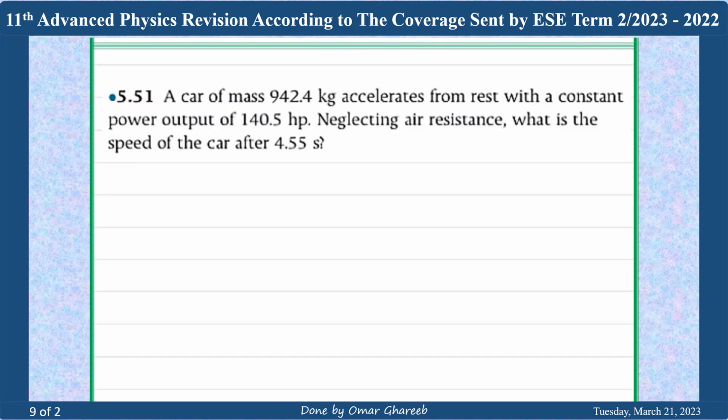The last question for this outcome is: a car of mass m accelerates from rest, so V initial is 0, with a constant power output, this is the power. They insist on the horsepower, so I think they will bring it in the exam. So the power is 140.5 horsepower.